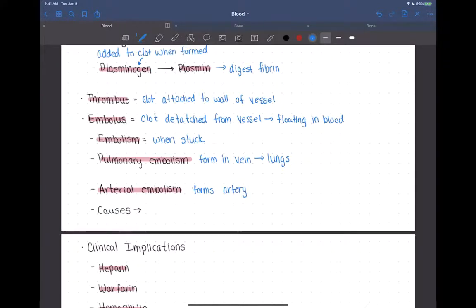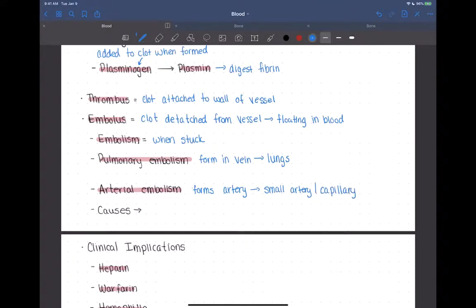Okay, and then it would get lodged in a very small artery or capillary. All right, so this would be out in the tissues. So you could have an arterial embolism maybe down like in your leg or your foot or something like that. All right, so small artery or capillary.